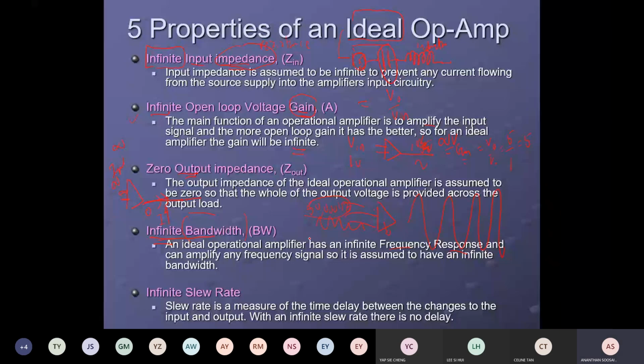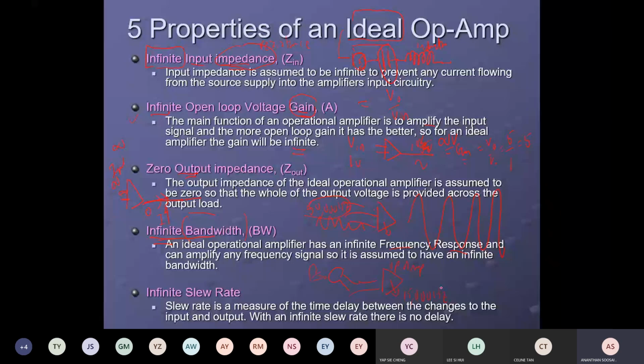Take a microphone on a stage, for example, where an opera singer is singing a song. The microphone is connected to an operational amplifier. Let's say the practical op-amp has a bandwidth of 15,000 hertz.